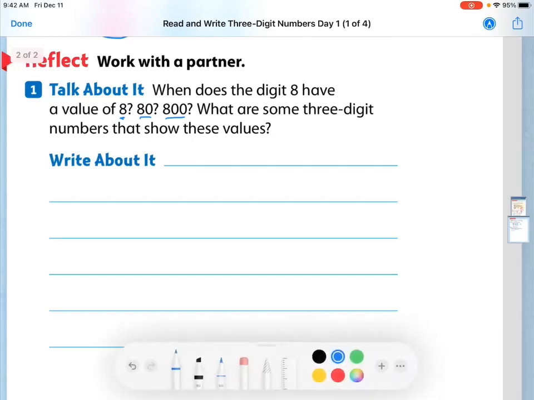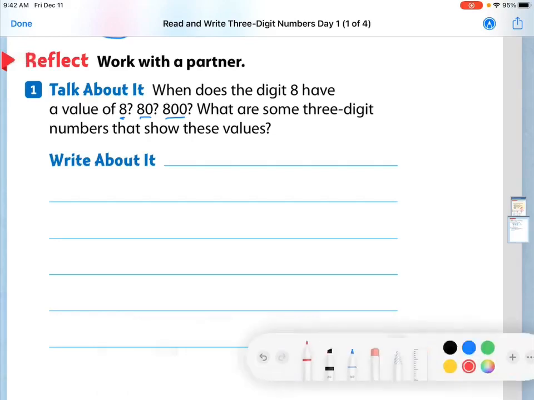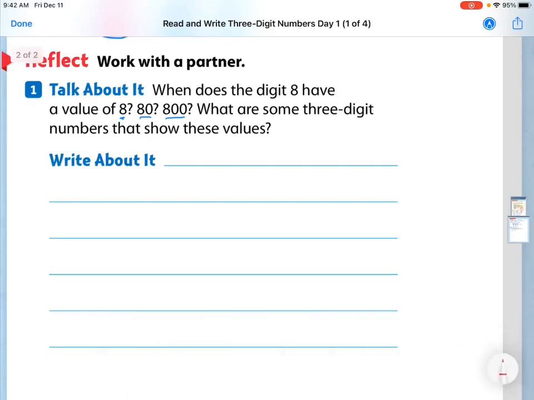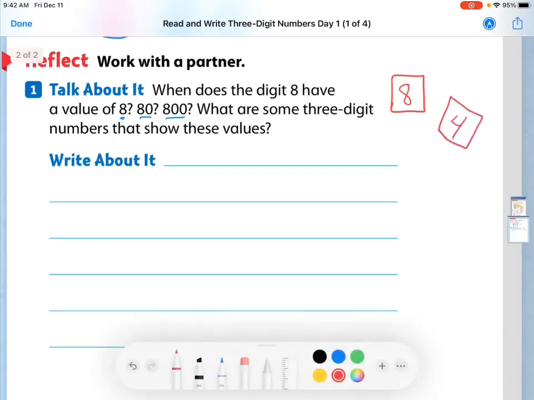So because we're not in a live classroom together right now, and you're doing this on your own, you can't really work with a partner, I'm going to go ahead and give you some numbers, okay? And one of the digits will be an 8. So I'm going to go ahead and give you an 8, and let's give you a 4, and we're going to give us another digit, a 6.